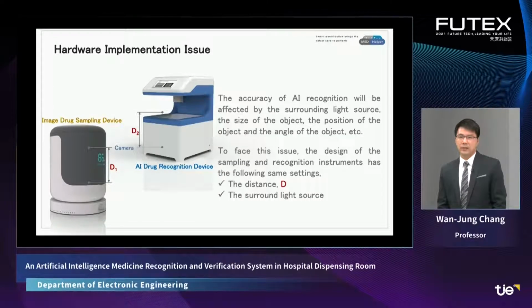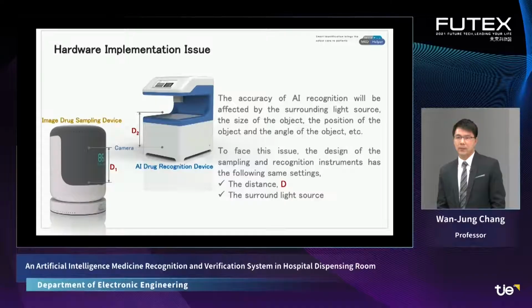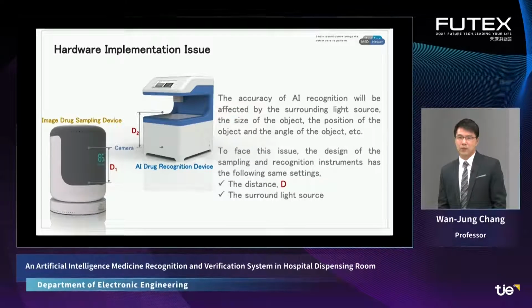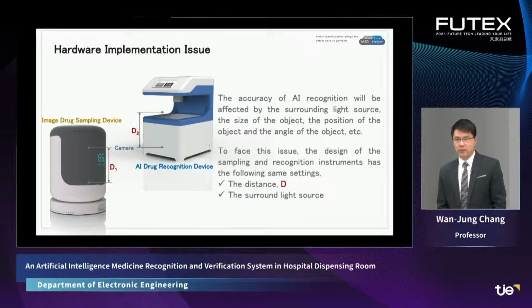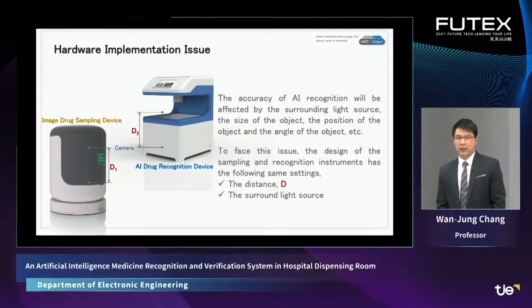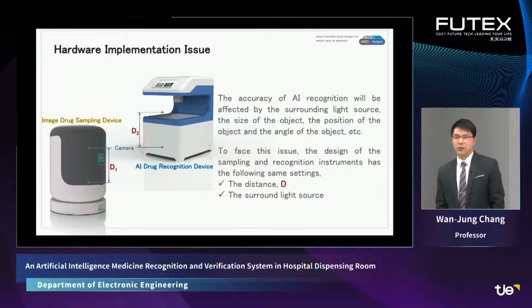In this slide, we are going to discuss the hardware implementation issues of MedHelper. Since the accuracy of AI recognition will be affected by various sampling key factors such as surrounding light source, the size of the object, the position of the object, the angle of the object, and so on, in order to overcome these issues, in MedHelper, the designs of the sampling and recognition devices have the following same settings.